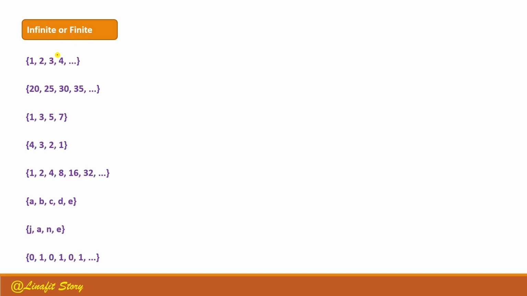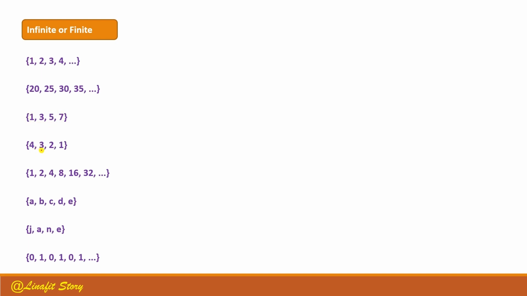For example, 1, 2, 3, 4, and so on is a very simple sequence, and it is an infinite sequence. 20, 25, 30, 35, and so on is also an infinite sequence. 1, 3, 5, 7 is the sequence of the first 4 odd numbers and is a finite sequence.